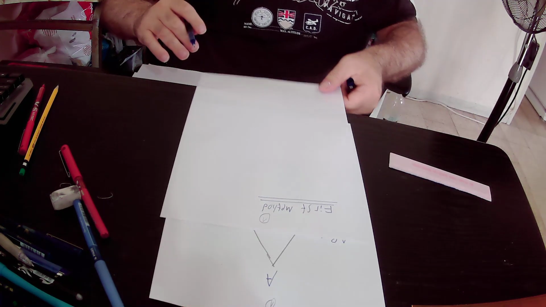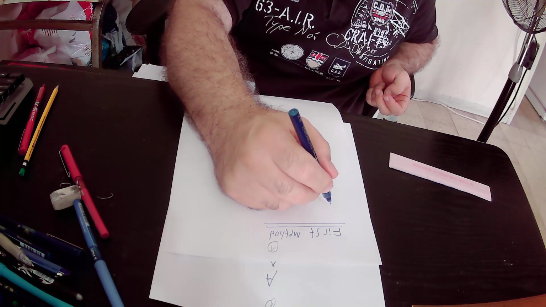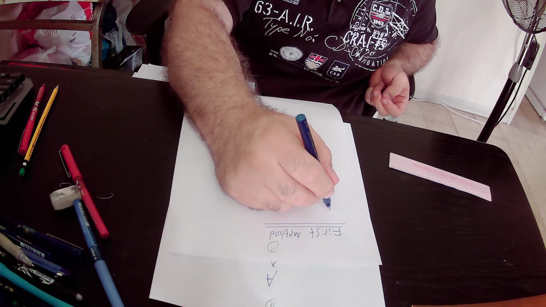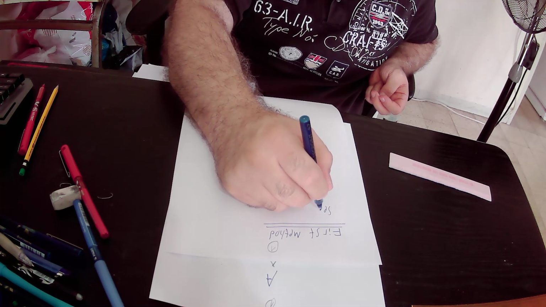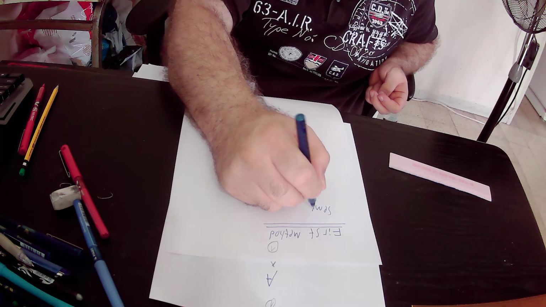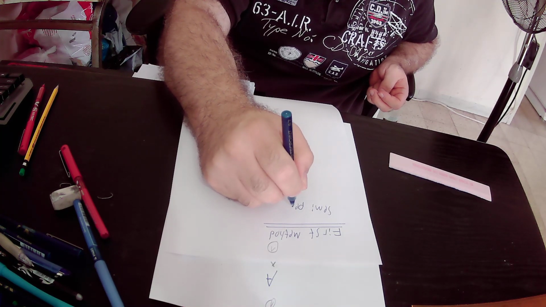First of all we will define the semi-perimeter of a triangle.